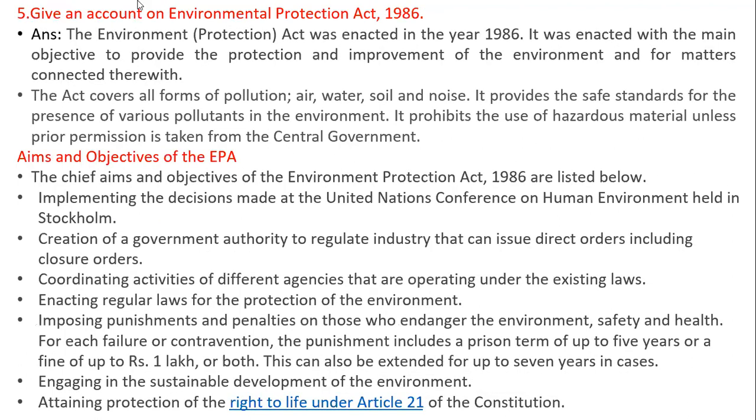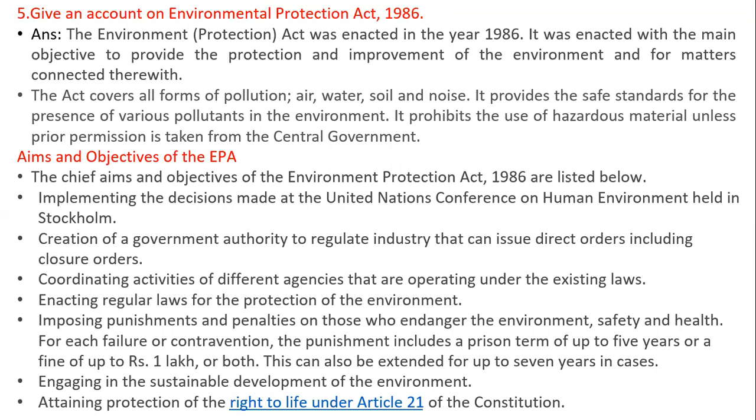So we go to the next question. Give an account of the Environmental Protection Act of 1986. The Environmental Protection Act was enacted in the year 1986. It was enacted with the main objective of giving protection and improvement of the environment, and also matters connected therewith.